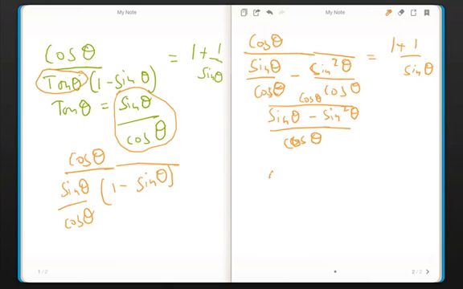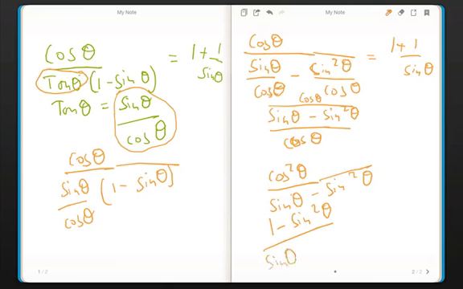So we know that it's cos square theta divided by sine theta minus sine square theta, and we know that cos square theta is equal to 1 minus sine square theta divided by, we take sine theta common here, we have 1 minus sine theta, correct?